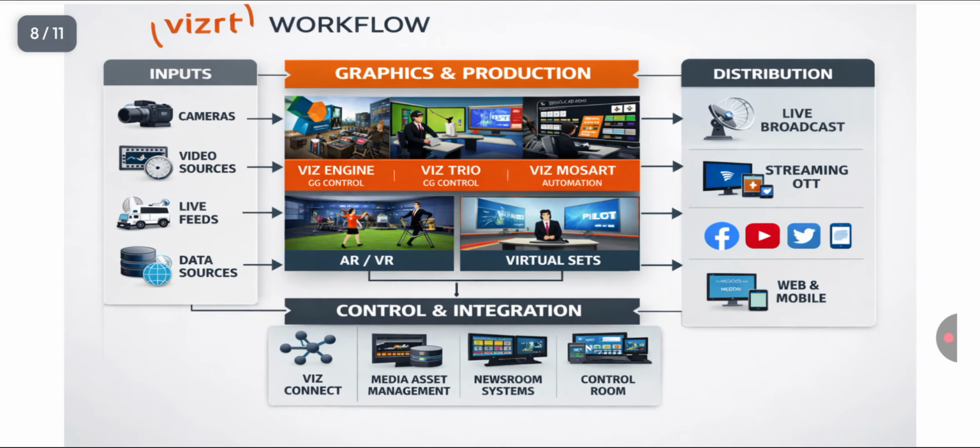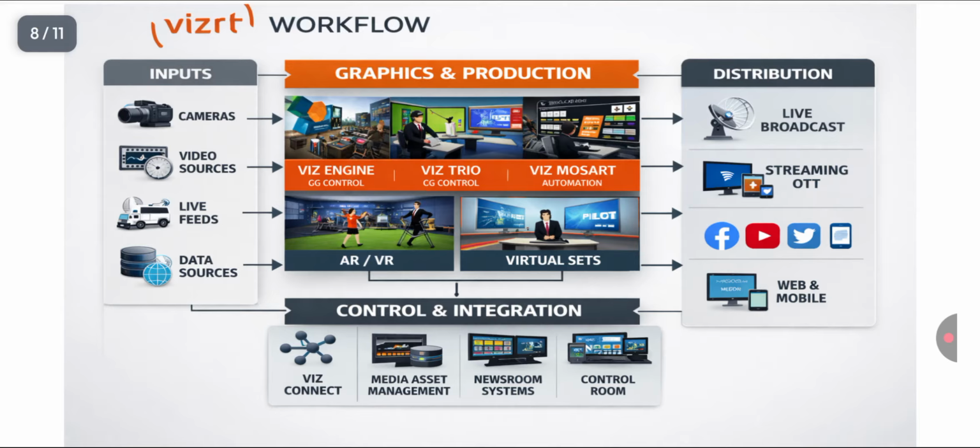Now let's focus on the Vizrt workflow. We have already seen what has to be done in Vizrt and how it has to be coordinated. So here the inputs are the cameras, video sources, live feeds, and data sources. This is your graphics and production. Which engine we have already discussed.